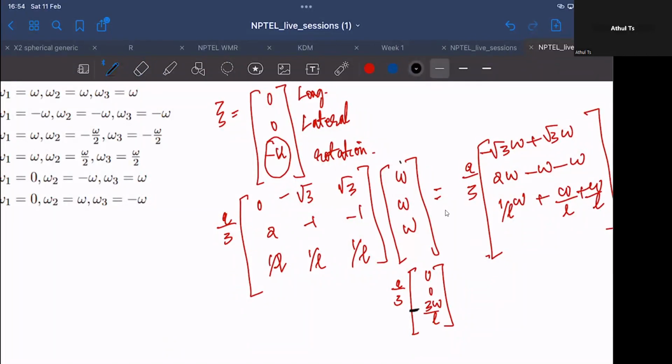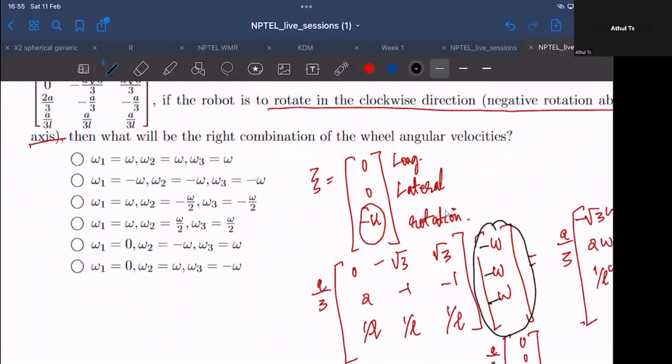With this combination, we won't be able to obtain the negative sign. So we would have to flip the direction of all these angular velocities. If you do that, we'll end up with a negative sign. So in that regard, option 2 is the correct answer. In our second option, all the angular velocities are identical, but negative.